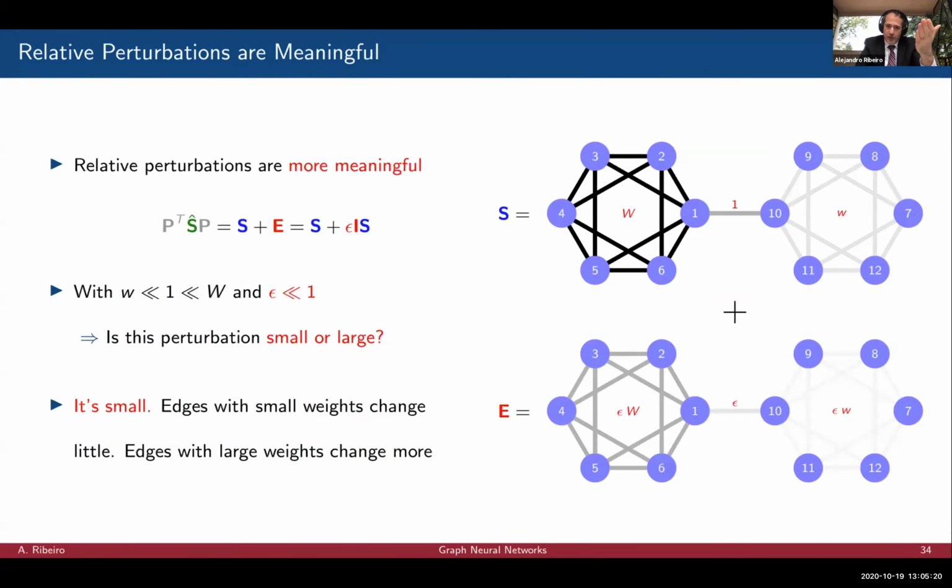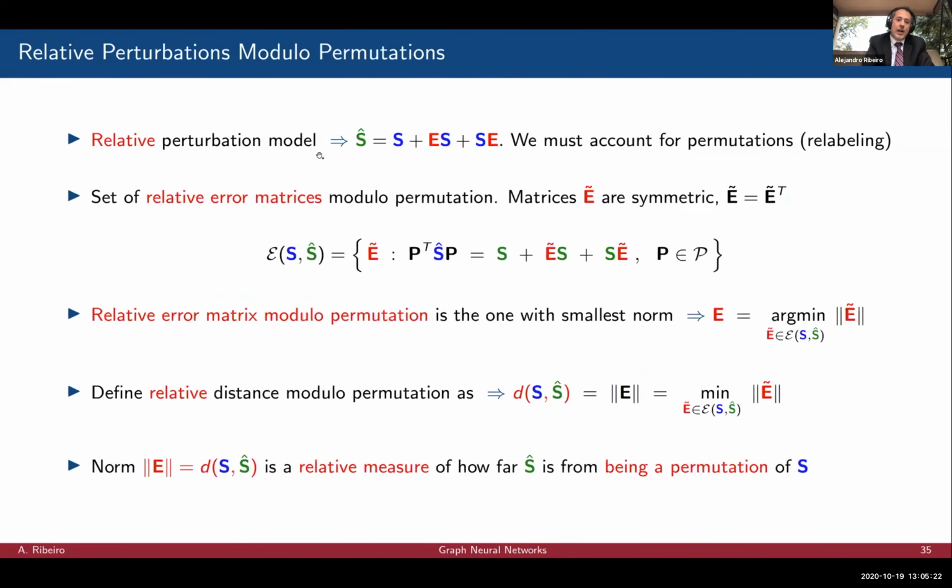Now, with this motivation, I introduced this relative perturbation model where the signal S hat is perturbed to S plus ES plus SE. The reason for the double product here is to restrict the perturbations to be symmetric.